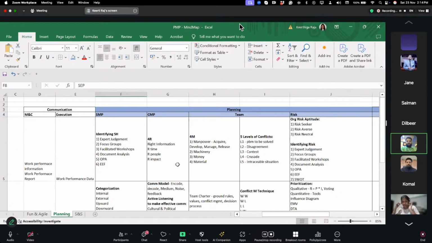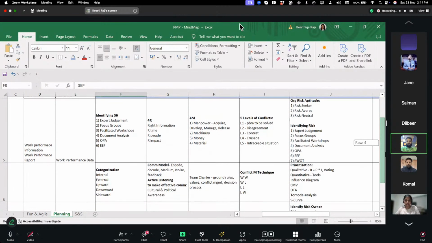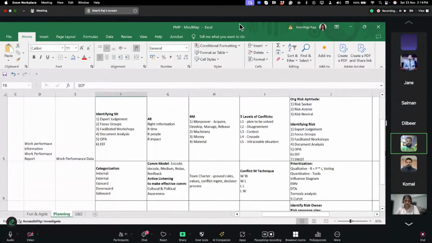Then we have the communication model. If I sum it up, it's the effective way of communication in which information is transmitted or sent by the sender, which is called encoding, and the effectiveness is that this should be decoded by the receiver without any noise.